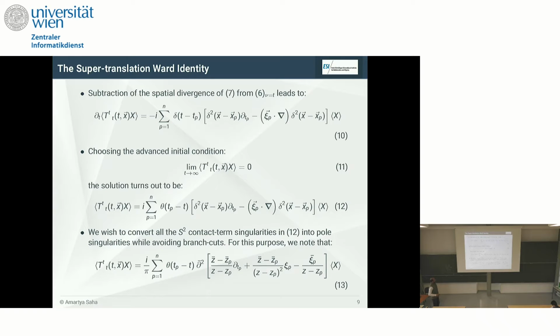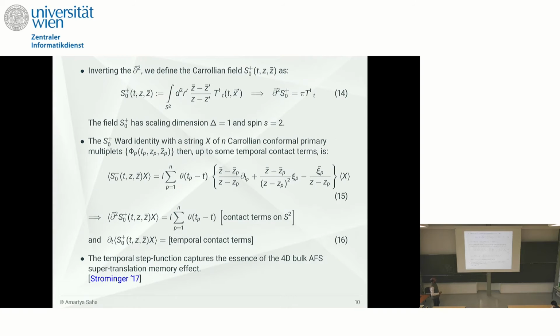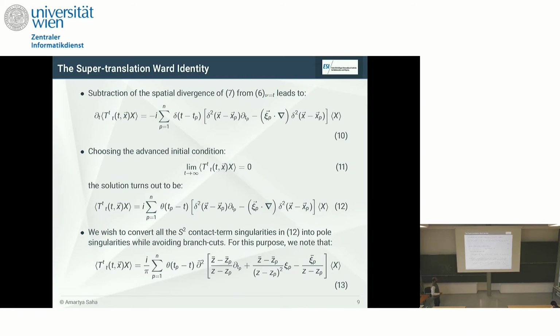Now we invert this ∂-bar² operator to define a new Carrollian field S0 plus, and this is the definition of our new field. Of course the field S0 plus has scaling dimension Δ equal to 1 and spin 2. The counting can simply follow from here.